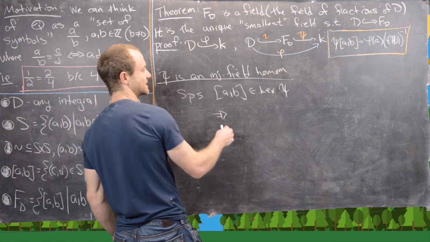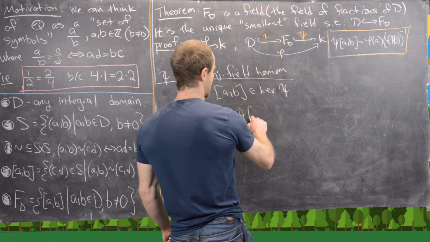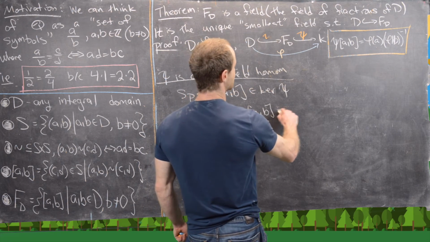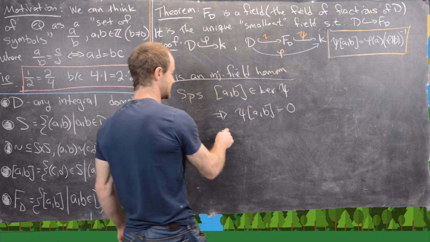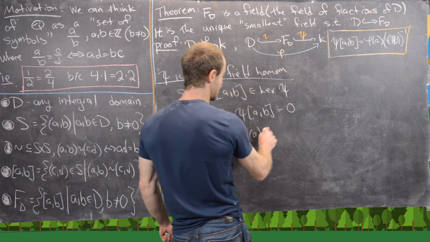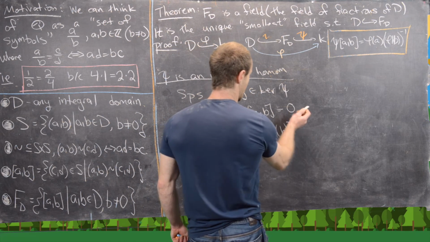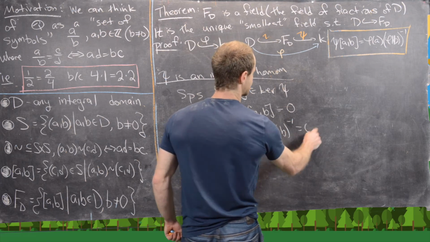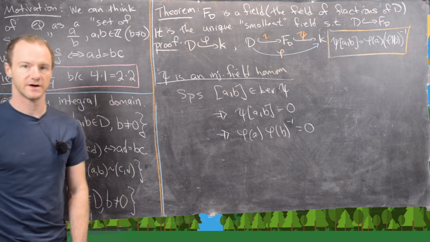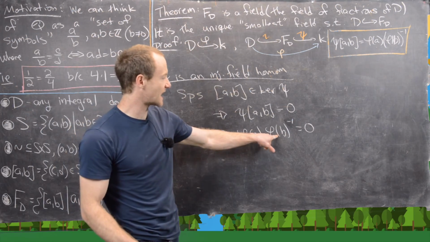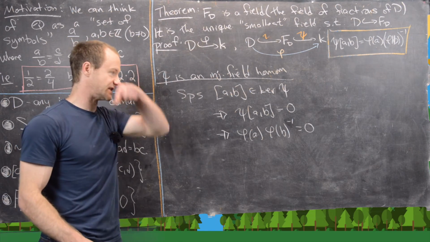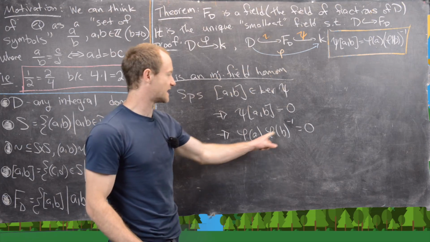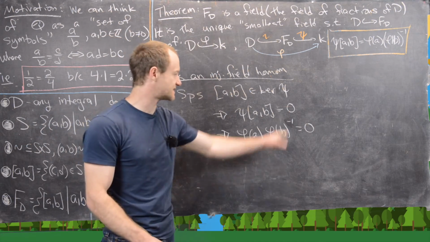So now this tells us that psi of A comma B is equal to 0 in K. But that tells us that phi A, phi B quantity inverse equals 0. Okay, good. But we know that this guy is not equal to 0. Given that phi is injective, that means that phi of B is not 0, which means it's invertible.